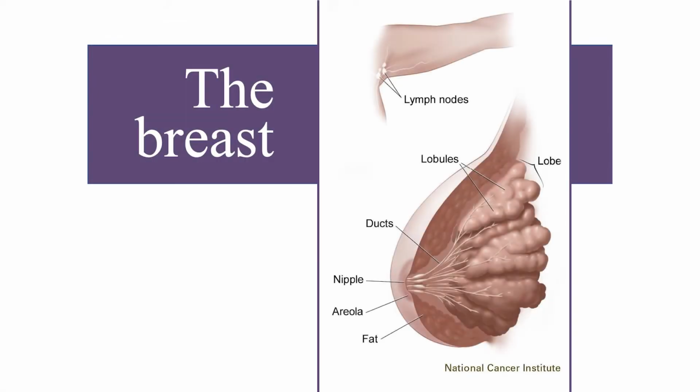Now, the anatomy of the breast is a combination of fats and fibroglandular breast tissue. So within the breast, you have these lobes. The normal breast has got 15 to 20 different lobes. Each lobe is made up of several lobules, and that's where the cells that produce milk live. And then the ducts that connect those lobules drain towards the nipple.